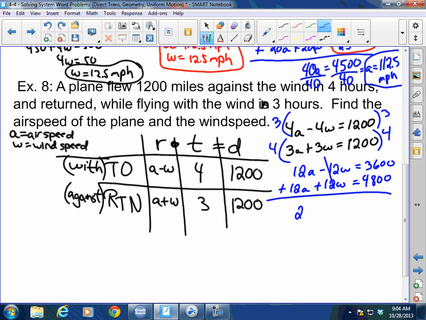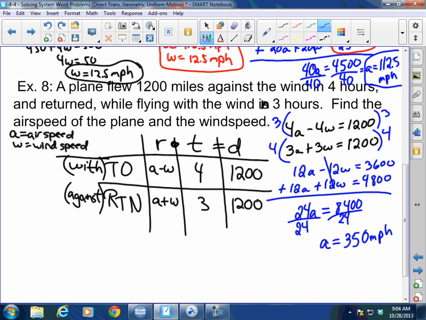The W's cancel. I've got 24A equals 8,400. Divide both sides by 24. A will equal 350 miles per hour.